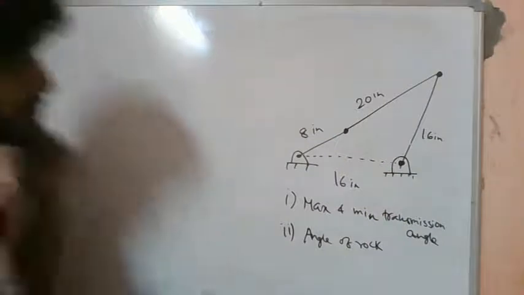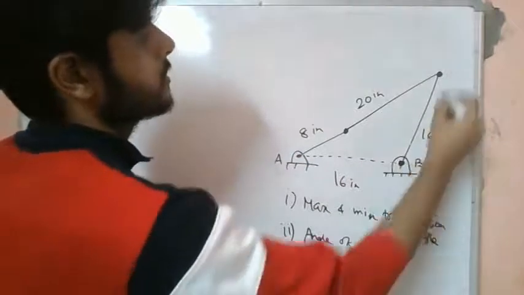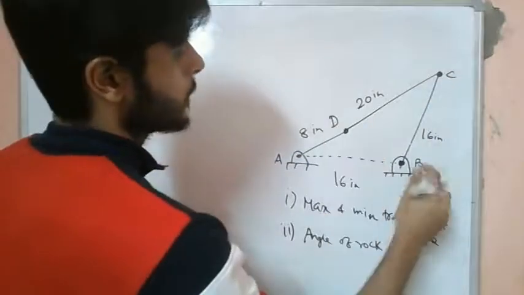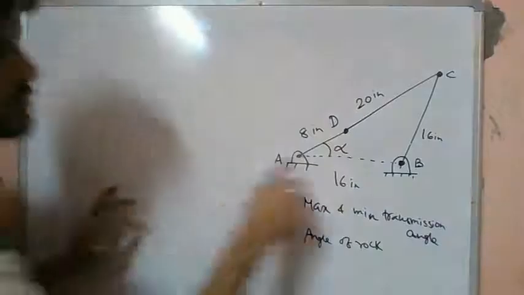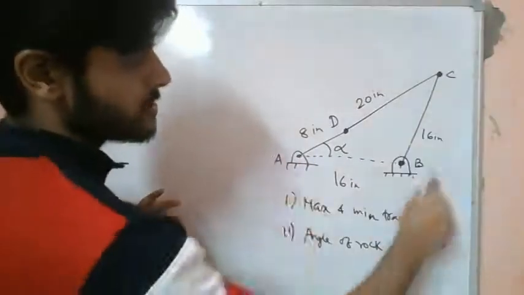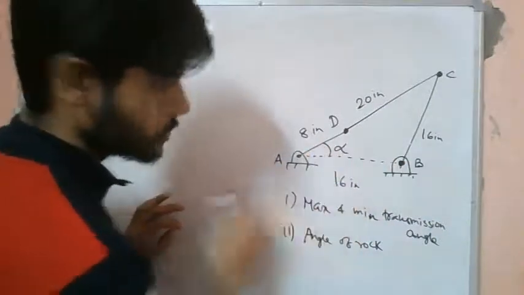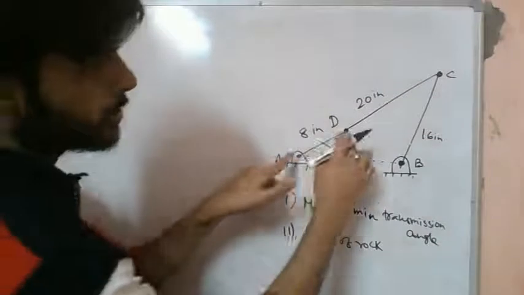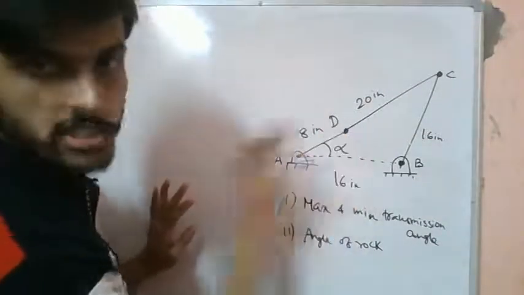As a first step, let's mark it A, B, C, D. Let's consider this angle as alpha. From this triangle ABC, these two are in a straight line. First of all, let's identify whether this can rotate or not, whether this is a Grashof chain or not.